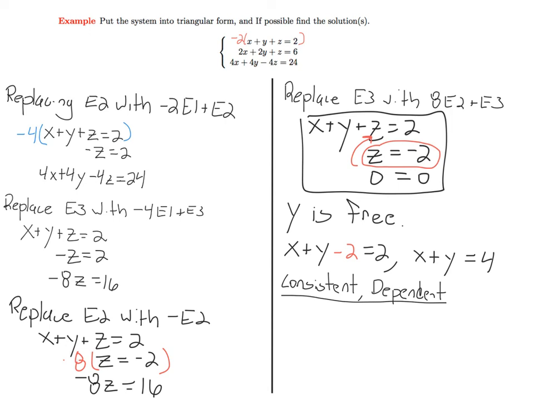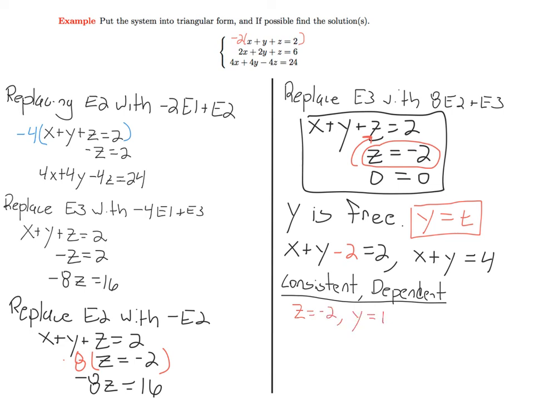And the way that we can write out these solutions is we can parameterize the free variable. And so we say, okay, we can let y equal t. We could choose any letter here. The convention is normally we parameterize the free variable with the variable t. And this tells me that solutions are going to have, well, we saw z is equal to minus 2.